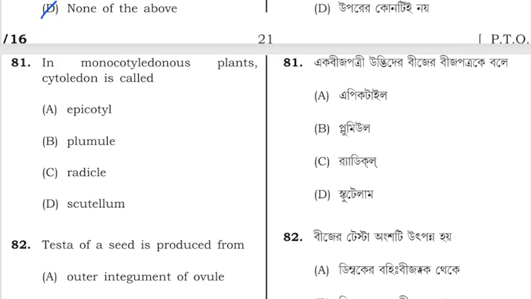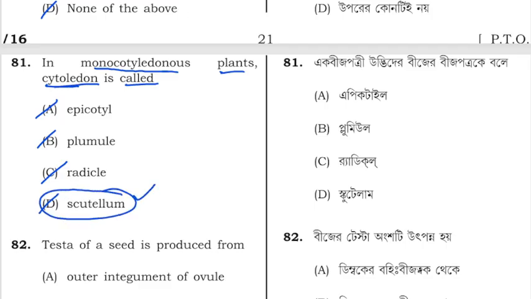Next question is, in monocotyledon plants, the cotyledon is called. Options are epicotyl, plumule, radicle, or scutellum. So in monocotyledon plants, the cotyledon is called scutellum. So option D is correct.